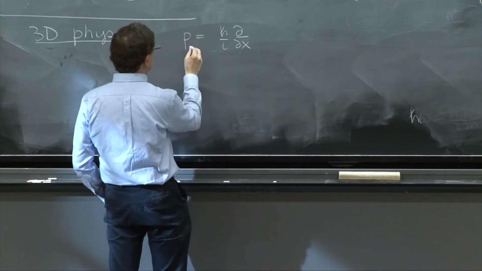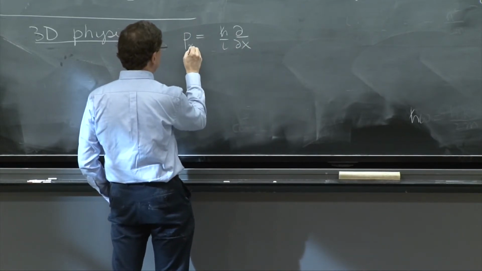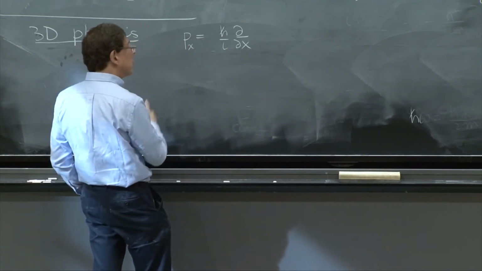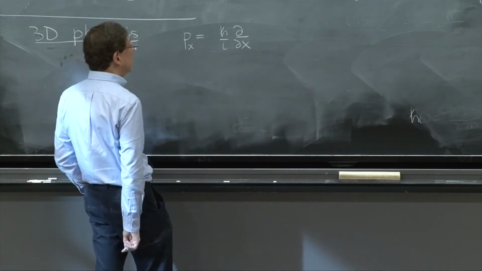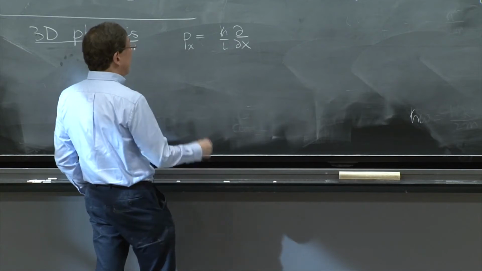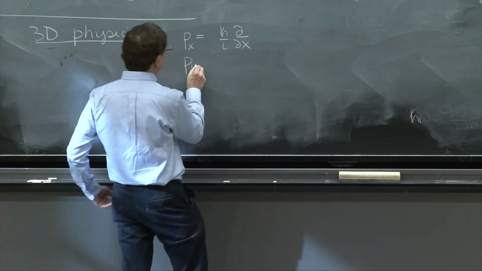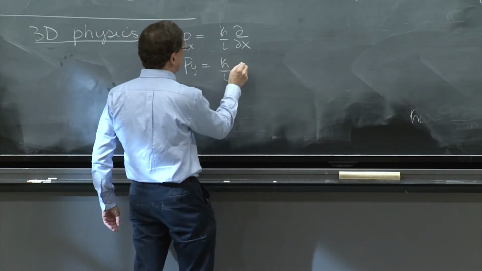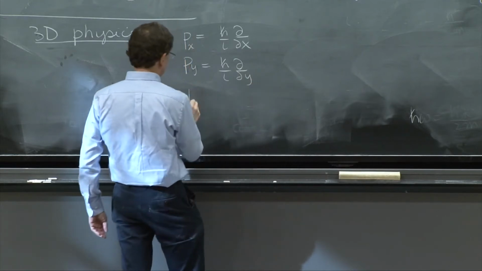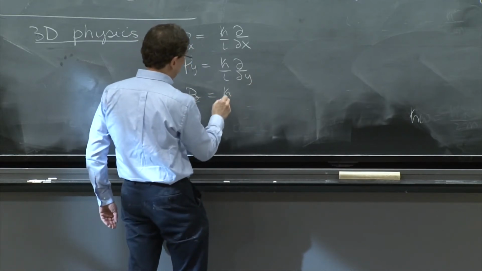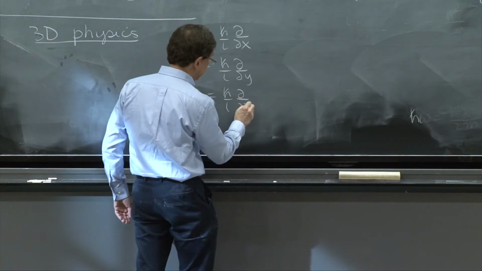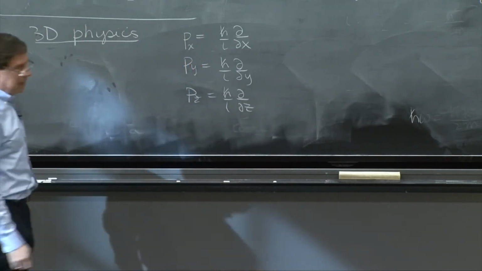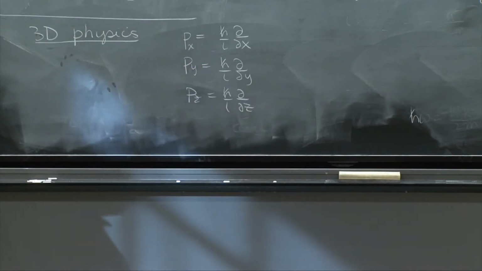But in 3 dimensions, that should be the momentum along the x direction. And py should be h bar over i d/dy, and pz should be h bar over i d/dz. Momentum in the x, y, and z direction.